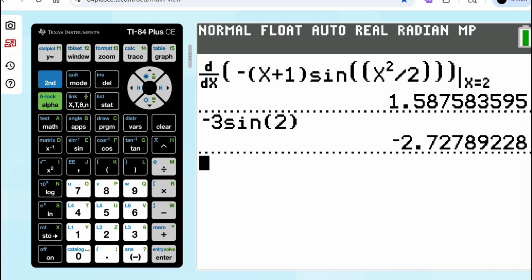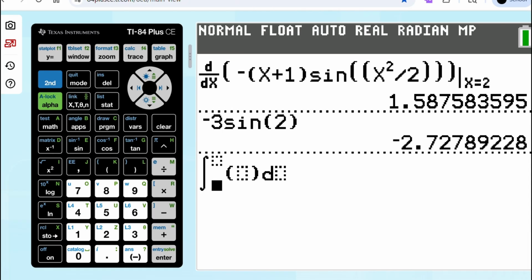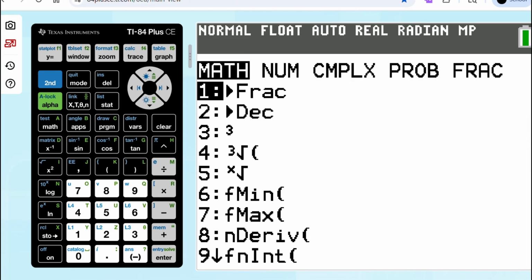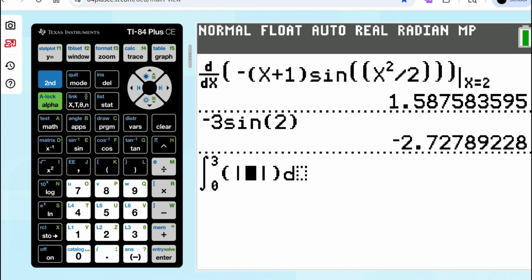So what we want to do is just math option number 9 for an integral. We're going to go from 0 to 3, and we want the absolute value of the velocity. So we can find absolute value in the math window right there under alpha. And in the second column, it's just the first option. And then now, instead of retyping the velocity function, we can hit the VARS button, stands for variables, just to the left of clear.